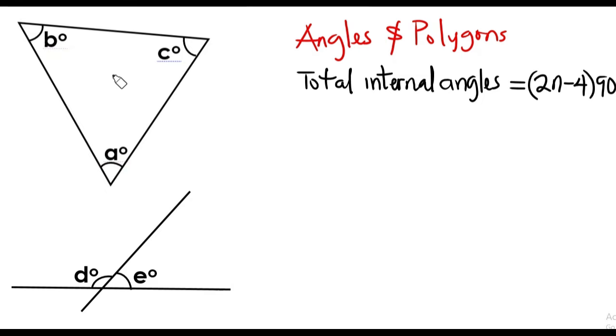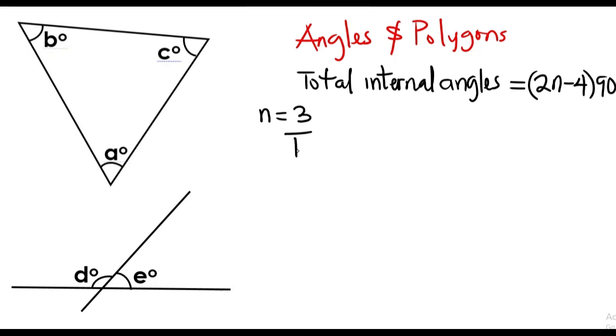So to start with, this is a triangle, and I can know the total internal angle of this triangle. The first question I ask myself is how many angles do I have in this shape, which is a triangle, of course, which is 3. So n equals 3. So I can know the addition of all the angles.